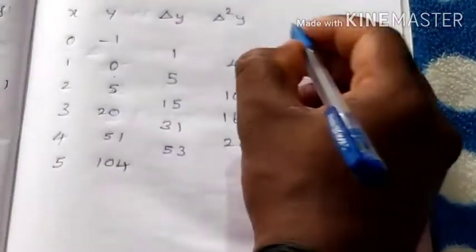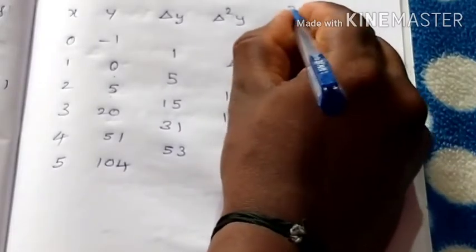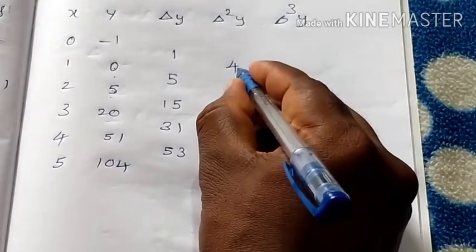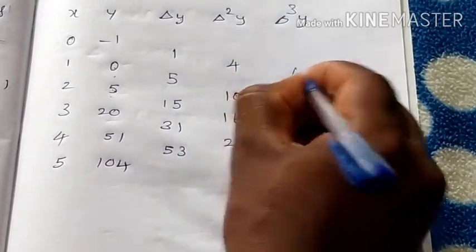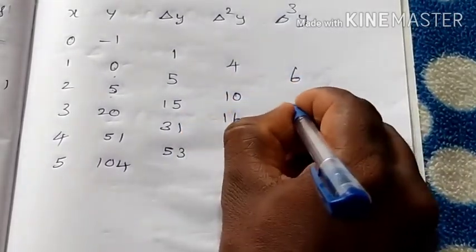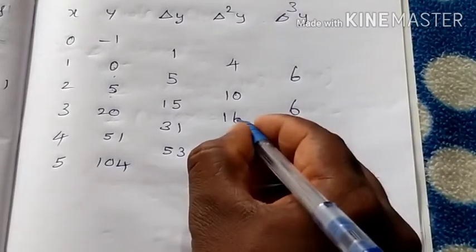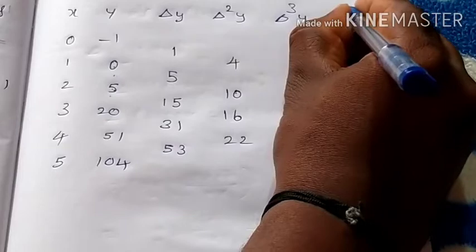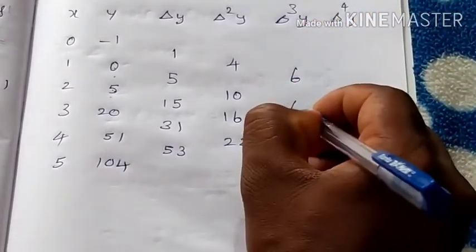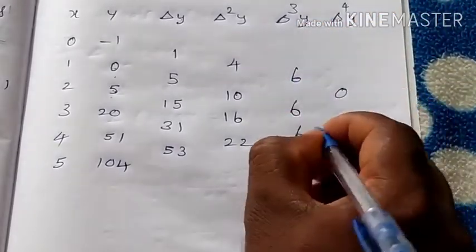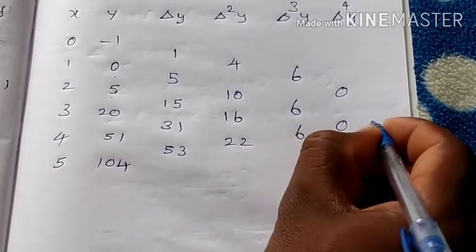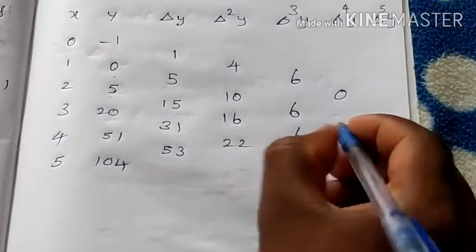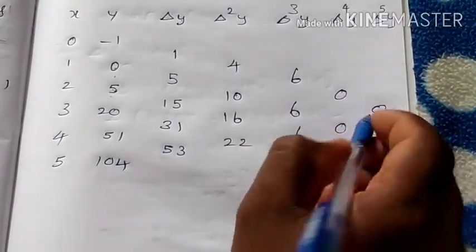Then delta cube y: 10 minus 4 is 6, 16 minus 10 equal to 6, 22 minus 16 is equal to 6. Then delta power 4 y: 6 minus 6 is 0, 6 minus 6 is 0. Then delta power 5 y: 0 minus 0 is 0.